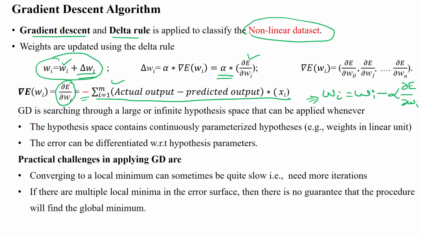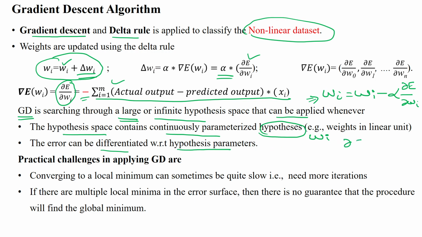When we apply gradient descent to search the search space to reduce the cost, the search space will be a large or infinite hypothesis space. It can be applied whenever the hypothesis space contains continuously parameterized hypotheses. That means the hypothesis is parameterized with weight parameters, and the error should be differentiated with respect to these hypothesis parameters.